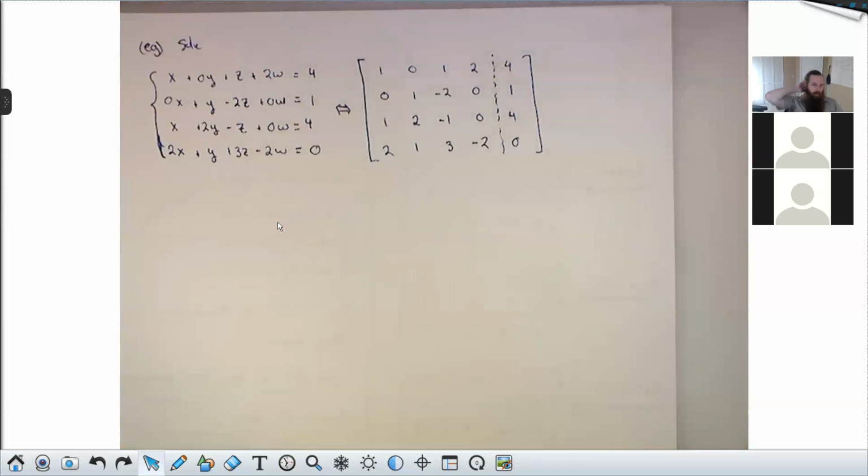There is your augmented coefficient matrix for this system.